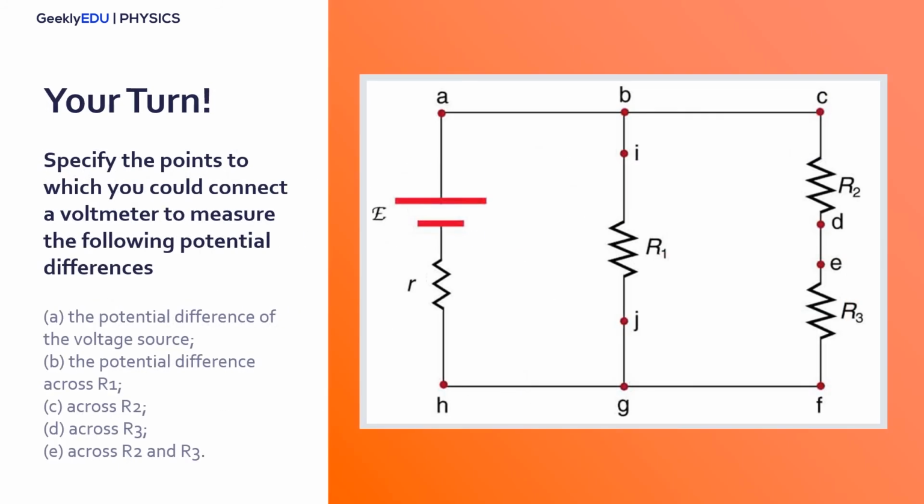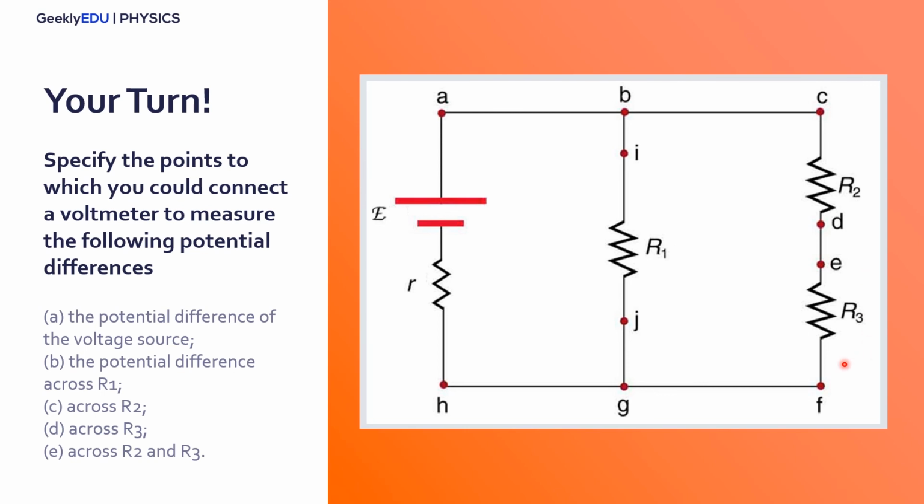Now it's your turn to think about this. You have this circuit here, we have our battery with the internal resistance, one resistance here and two in series over here, and various points from A to H. I want you to specify the points to which you could connect the voltmeter to measure the following potential differences: the voltage source, R1, across R2, across R3, and across R2 and R3.